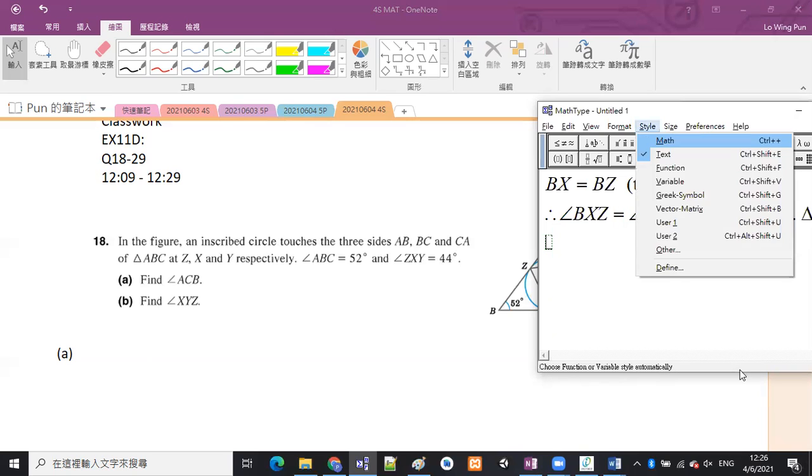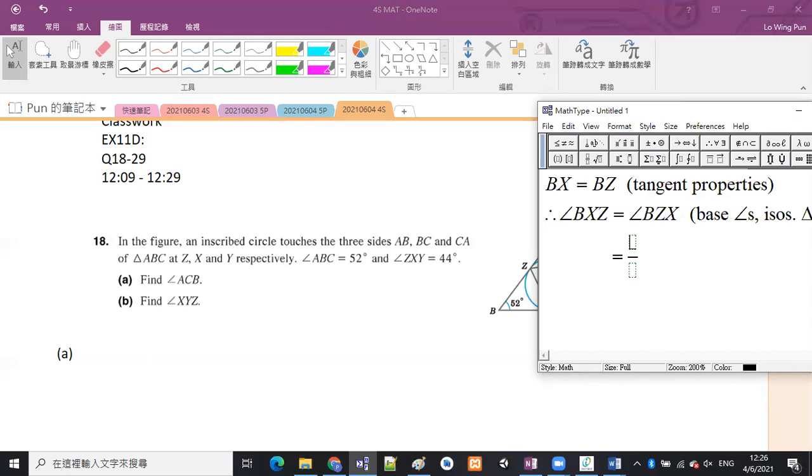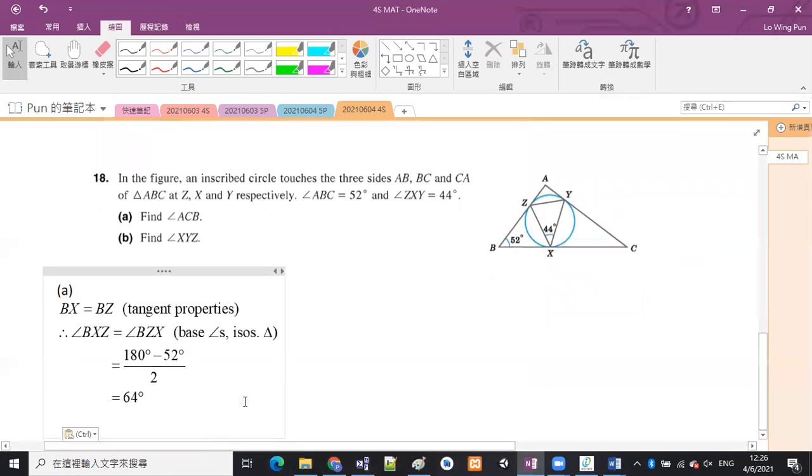Okay, and they are both equal to 180 degrees minus 52 degrees divided by 2. That should be 64 degrees. Okay, so I just found that this angle is 64 degrees. And this is also 64 degrees.